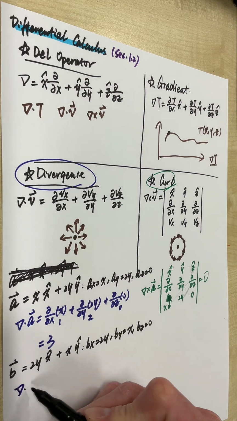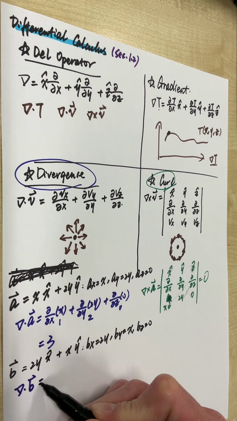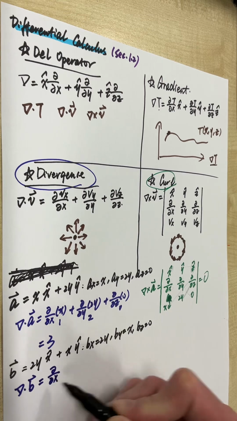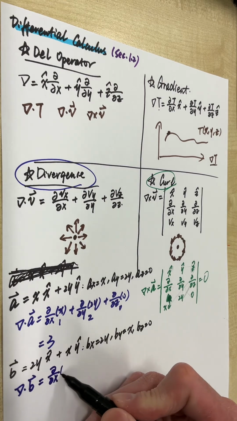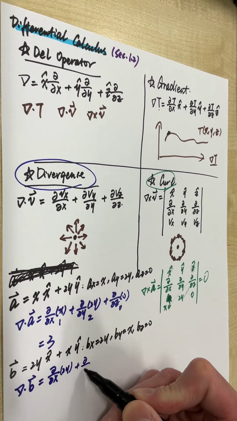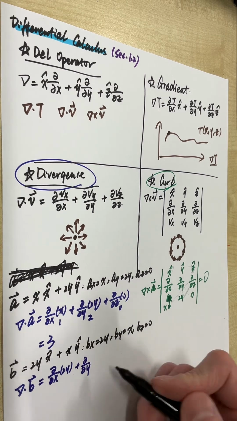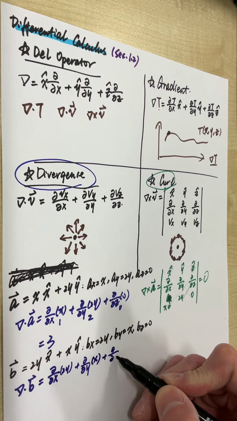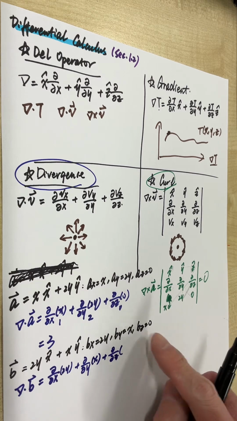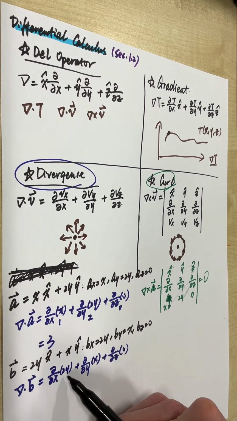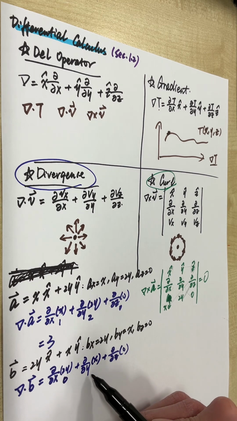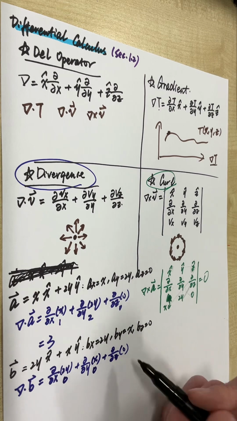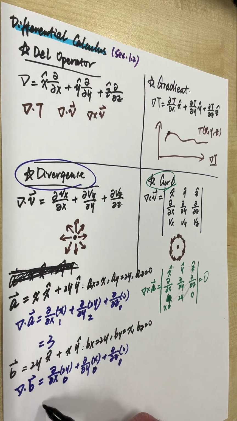We have del dot B equals d/dx on Bx, so I have 2y, and then d/dy on By, so here we have x, and then d/dz on Bz, which is 0. y is not a function of x, so we have 0 here. x is not a function of y, so I have 0 here. So here the divergence equals 0.